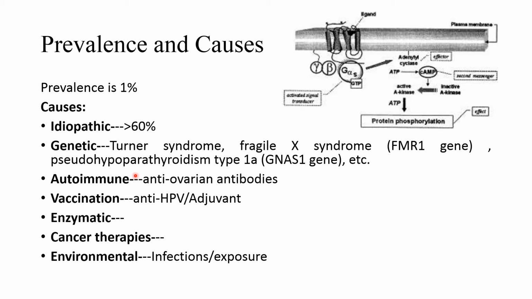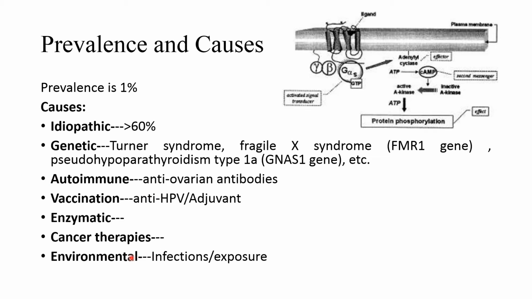The radiotherapy may damage the ovaries irreversibly and permanently, and the oncological medicines that are for treatment of tumors and cancers may affect the hypothalamo pituitary gonadal axis or the ovaries directly.